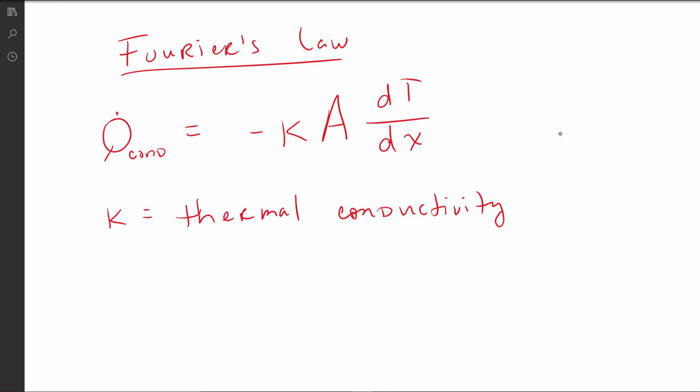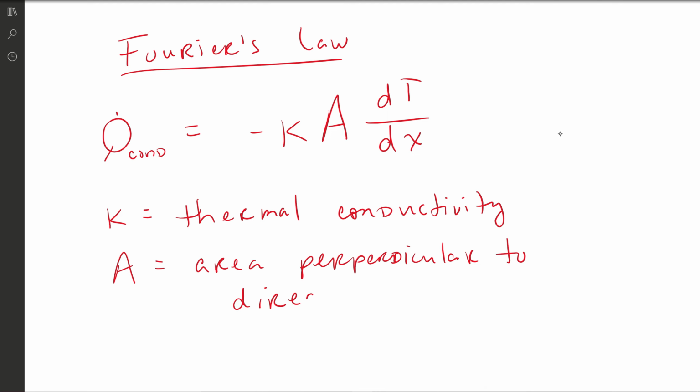Okay, next, A is of course the area, but it's the area that's perpendicular to the direction of heat transfer. All right, so area perpendicular to the direction of heat transfer.